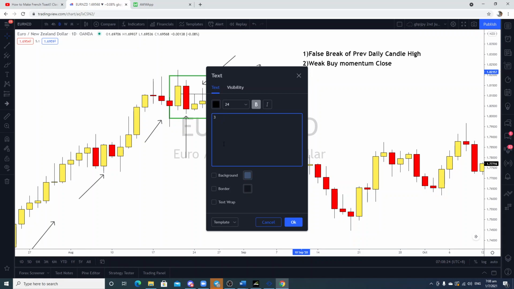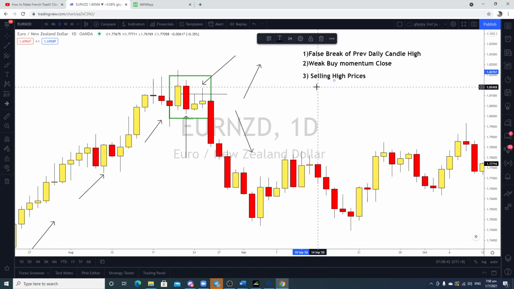I would say it's more of a wish, a concept: you are selling at high prices. So in this case you have momentum on your side, because of the false break and because of the weak bar momentum, and you are selling at high prices. The probability of your trade going in your favor is there.